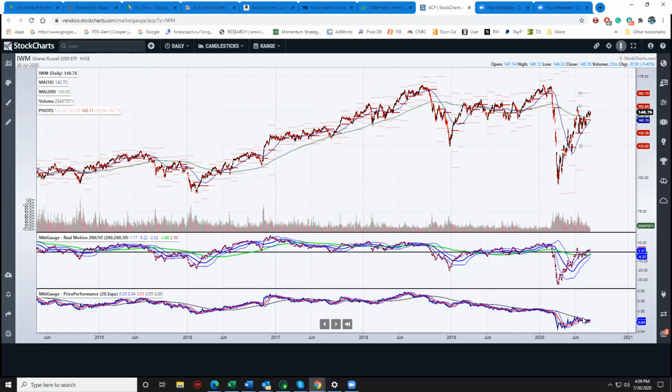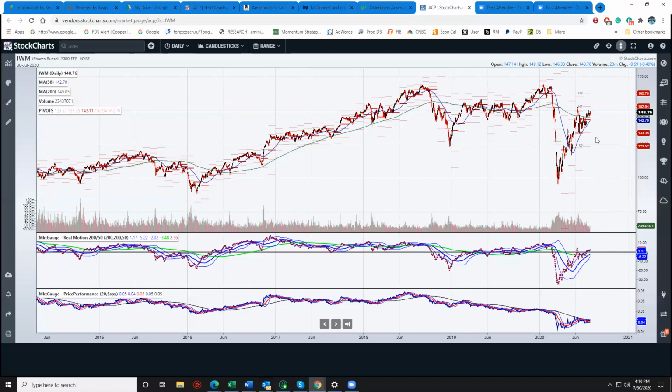And if we get any stronger here, that's going to be a positive sign that maybe the IWM is going to pick up some potential leadership, at least on a shorter term basis. So it'll be interesting to see.